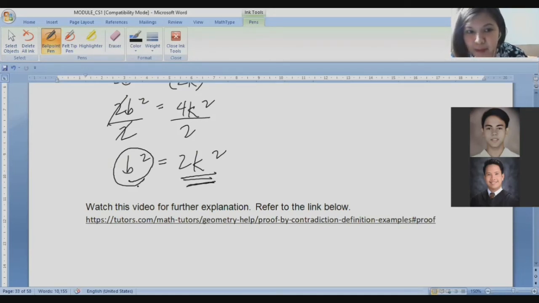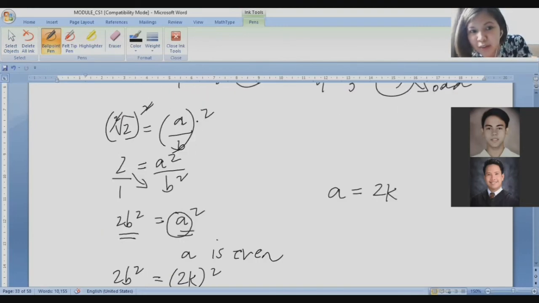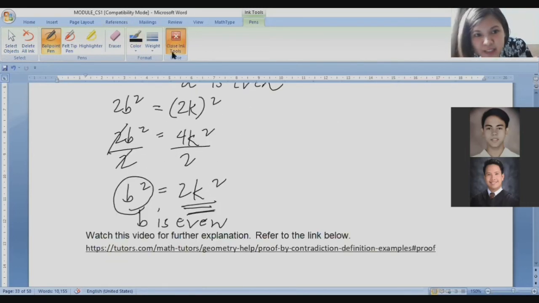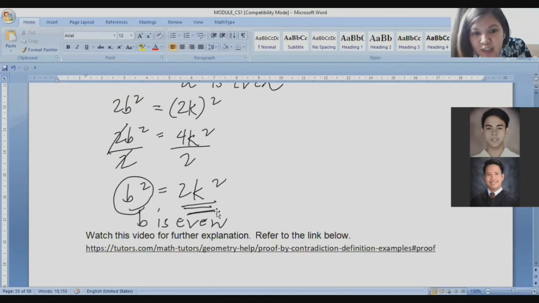So, ibig sabihin, ang b mo is even. Lagi siyang even. So, ngayon, kung yung a always even at yung b always even, dito sa formula na to, na nag-start tayo sa square root of 2, which is equal to a over b, hindi siya rational.